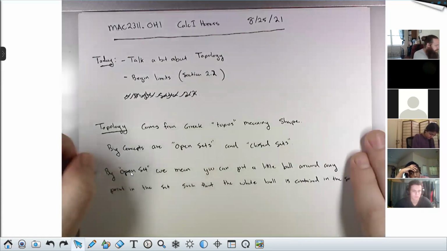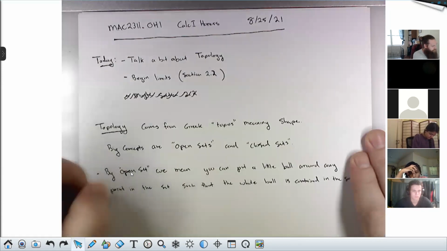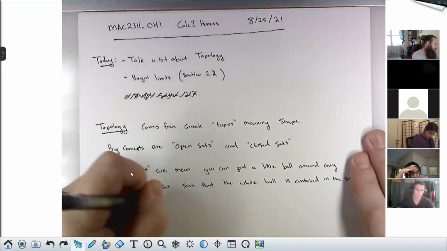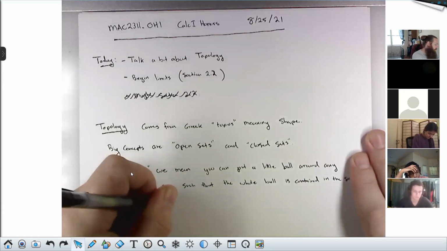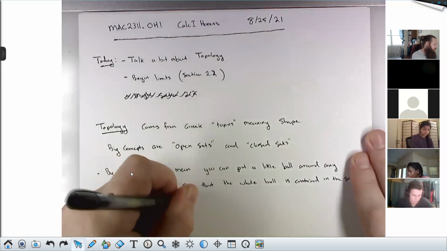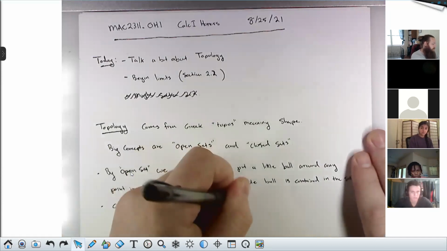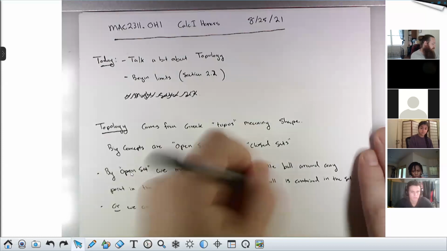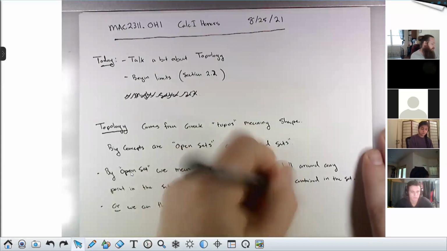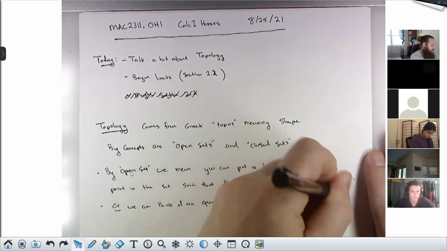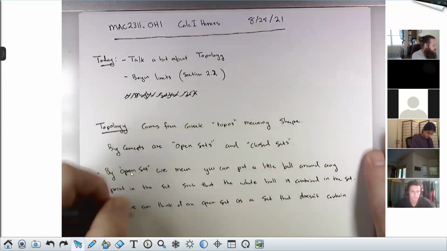Another way to think of open sets is as a set that doesn't contain its own boundary.